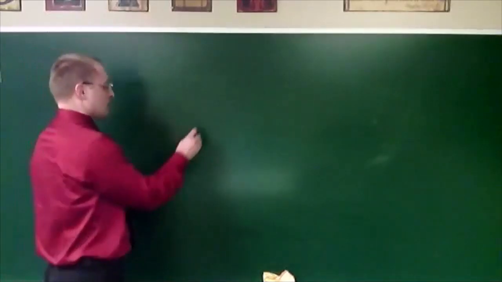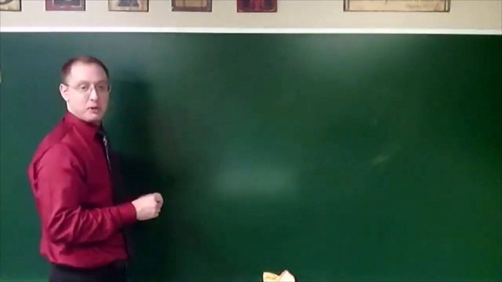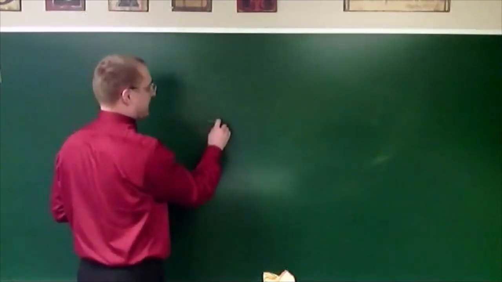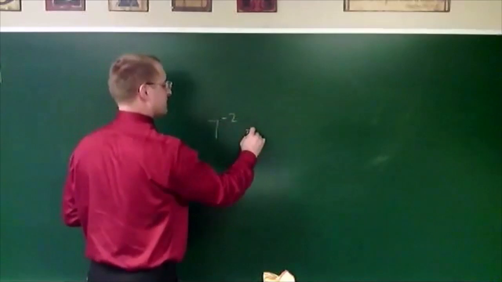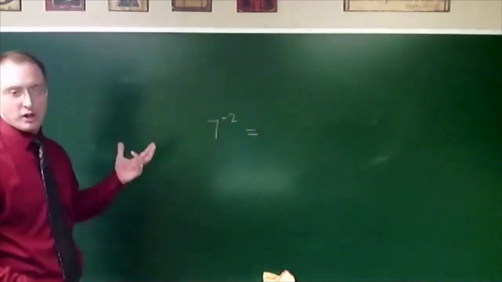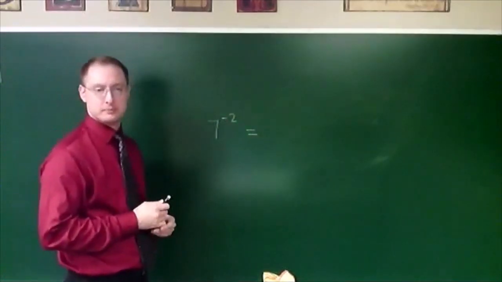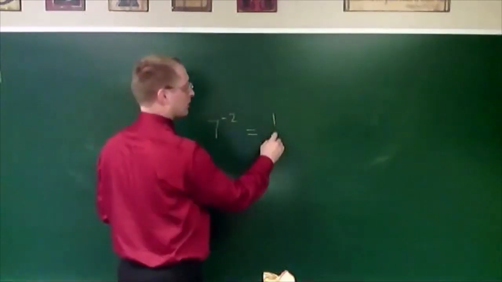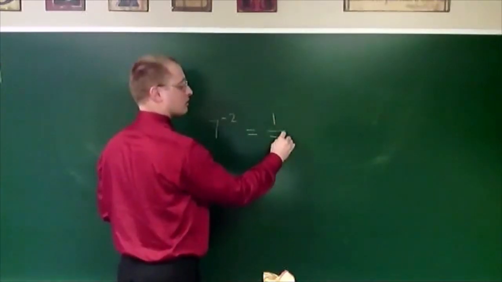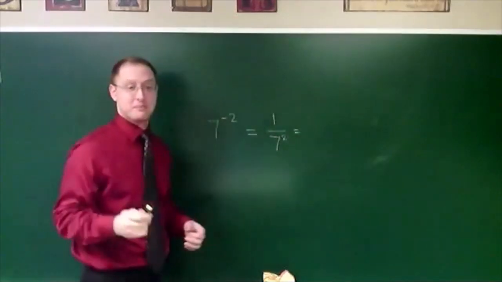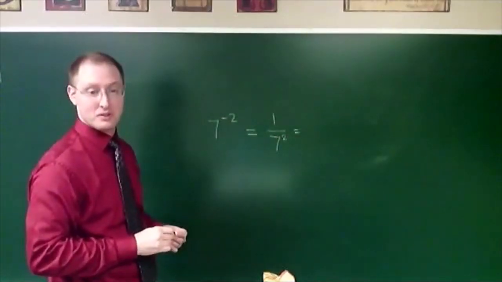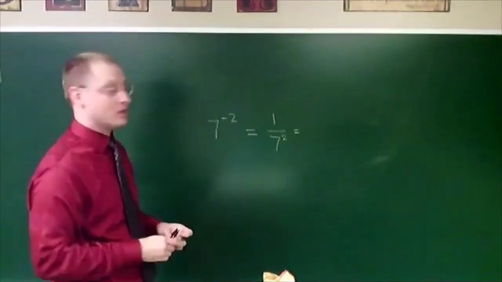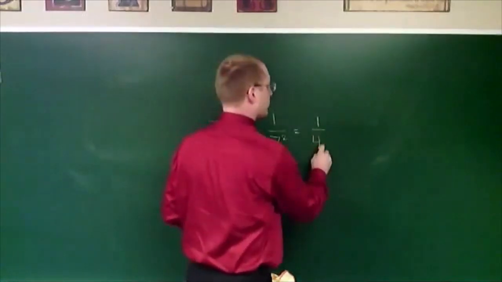Good. Yes, reciprocal. So if we had 7 to the -2nd, how could we write that? What's another way to write that, Joshua? 1/7 squared. Good. And what is 7 squared? 49. So in other words, 1 over 49.